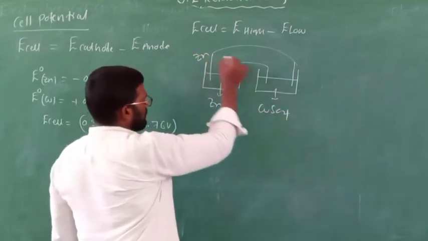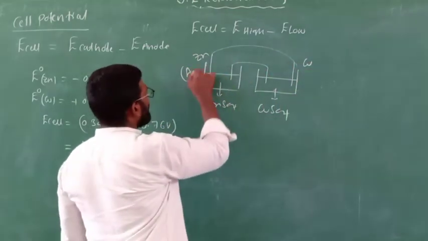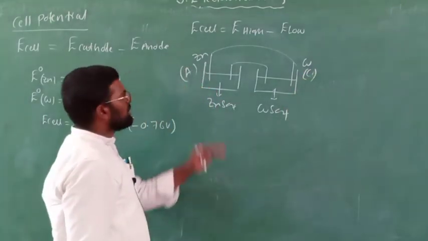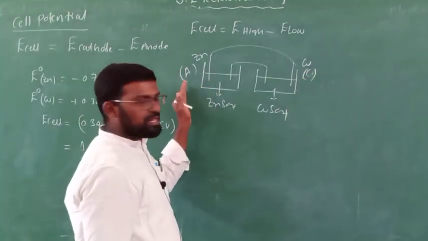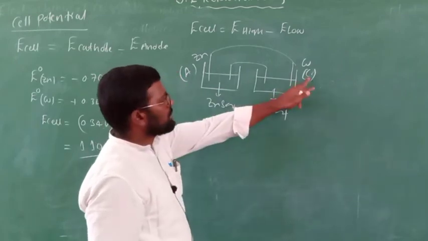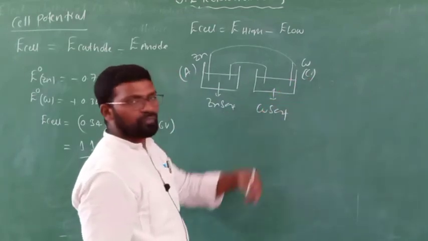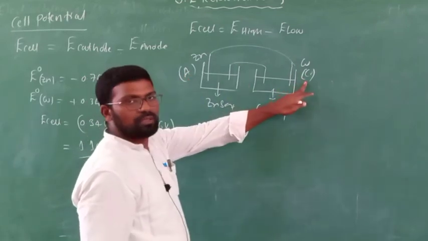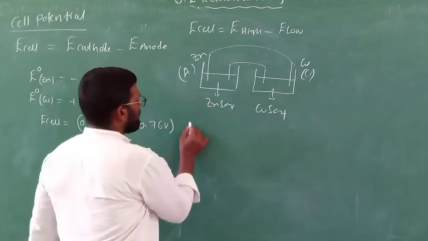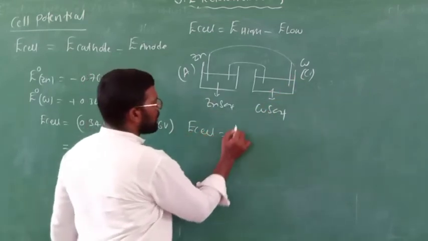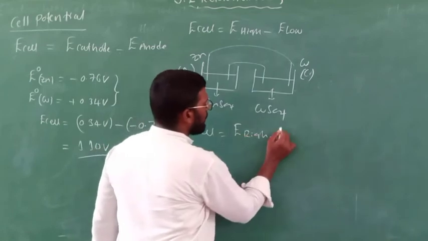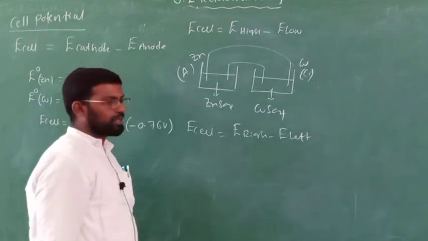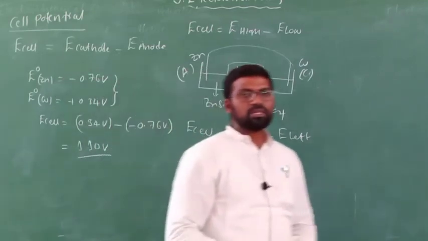This one is the anode, this one is the cathode. Here the anode is written on the left hand side, and the cathode on the right hand side. So the same formula can be written as E cell is equal to E right minus E left. This is also one of the formulas. This is how we can determine cell potential.